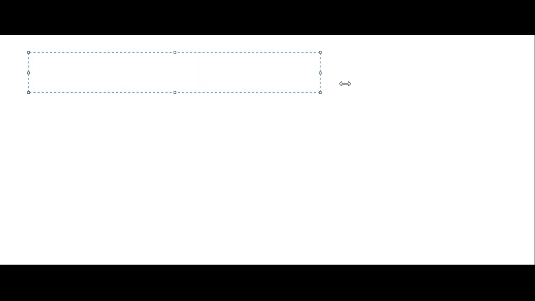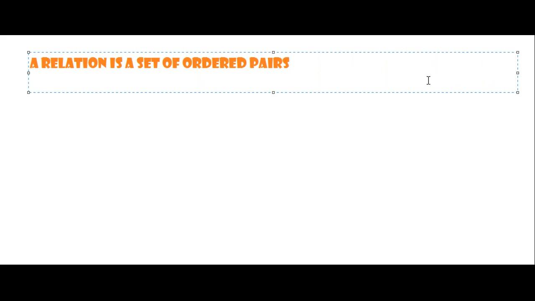Here we start. A relation is a set of ordered pairs.